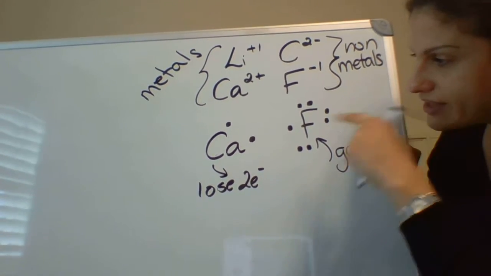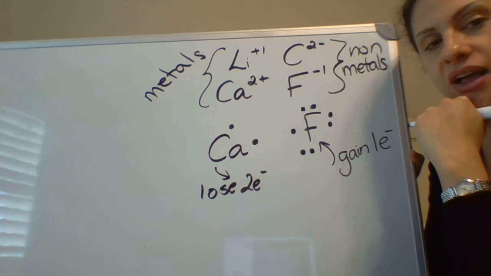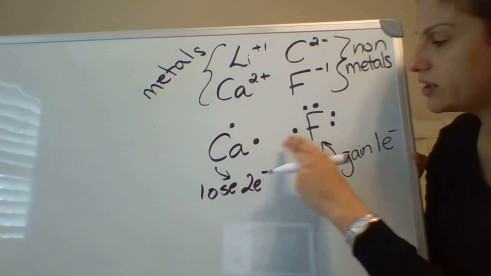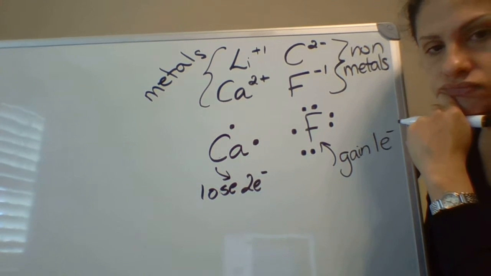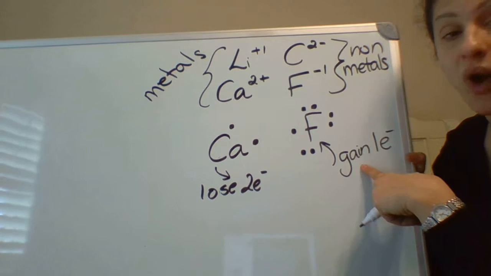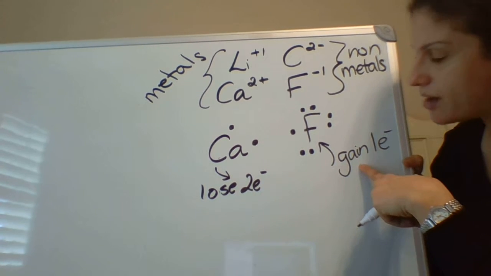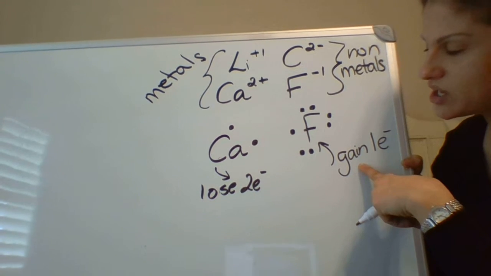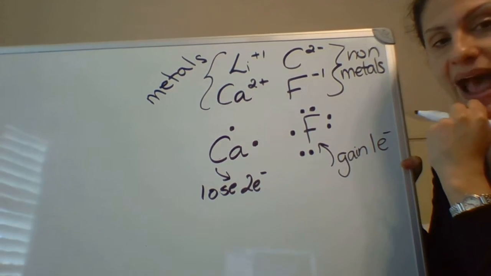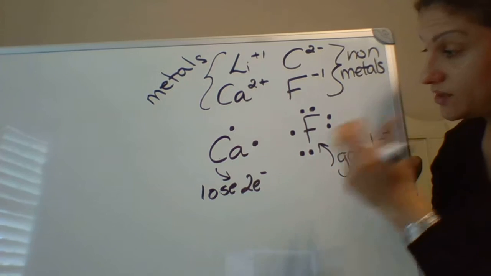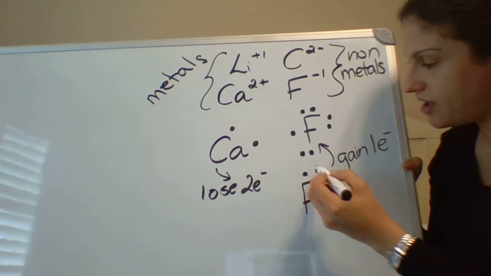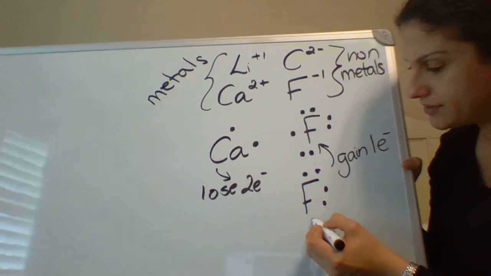Do you think it can happen only in a 1-to-1 ratio? Well, calcium wants to lose 2. The fluorine only wants 1. So how many fluorine atoms do you think we need in order for calcium to be happy? Well, calcium is going to need another fluorine atom to be available.